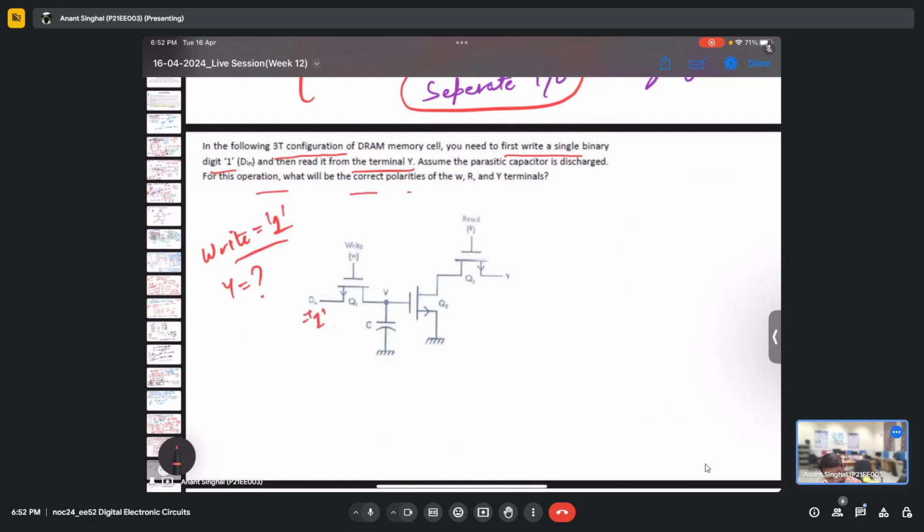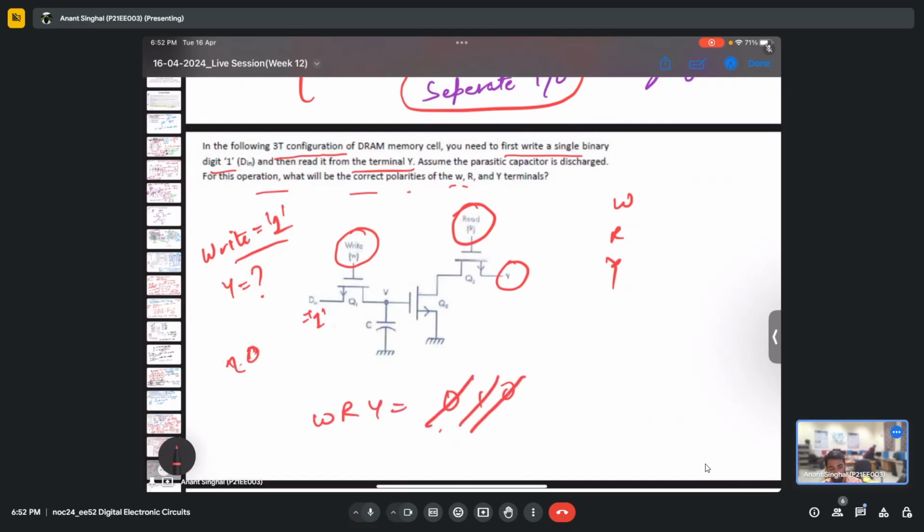For this operation, what will be the correct values of w, r and y? Our values can either be 1 or 0. You can write the combination of w, r and y, like 0, 1, 0 or whatever you are getting, in the chat box quickly, and then we'll solve it.